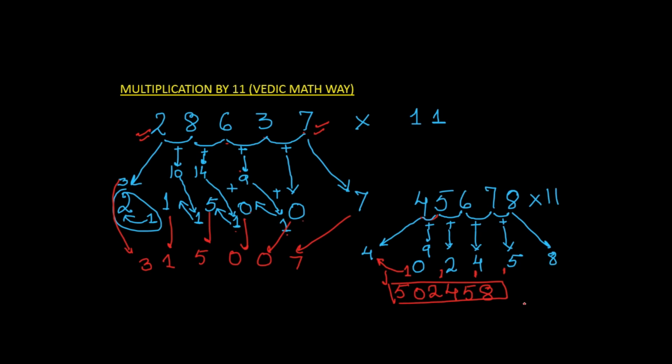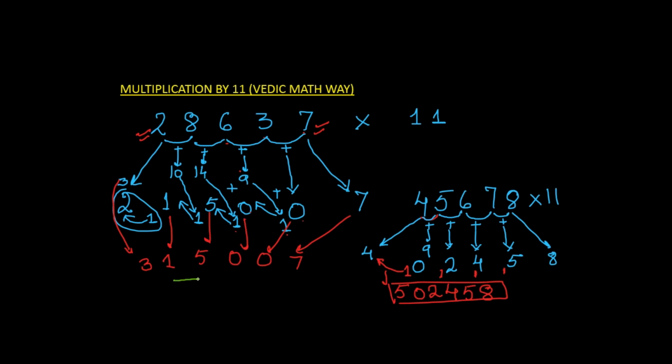Yes? So this is a very simple technique to multiply any number by 11. Now whenever you have to do any calculation, especially the calculations we do in mensuration, when we have to find the volume or surface area of a cylinder, cone, or maybe the area of the circle, where we use the constant pi. What is the value of pi?